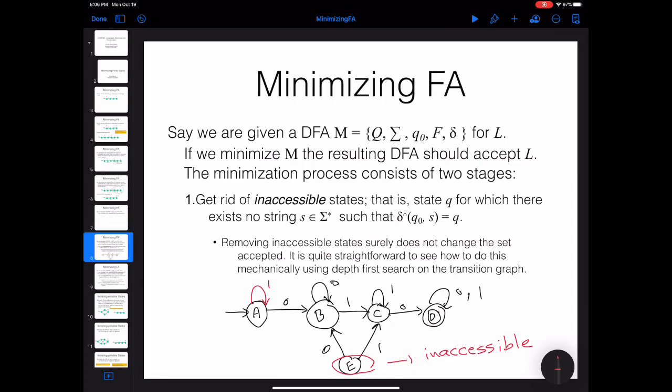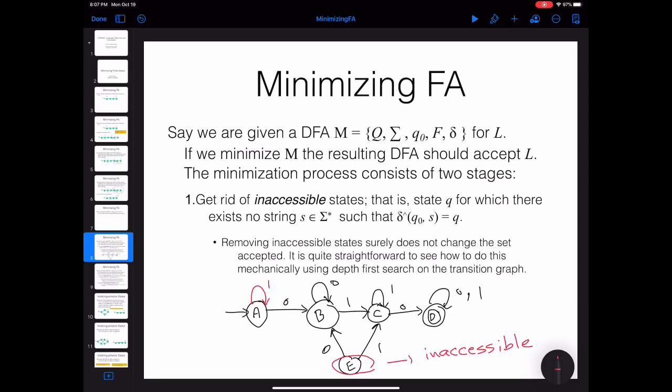If you follow some of those algorithms to create a finite state, in some cases you definitely will create some states in your finite state which are not accessible from the starting state. So it is possible to create some states which are not accessible. And so the first step in minimizing the state in a DFA is to get rid of the inaccessible states.